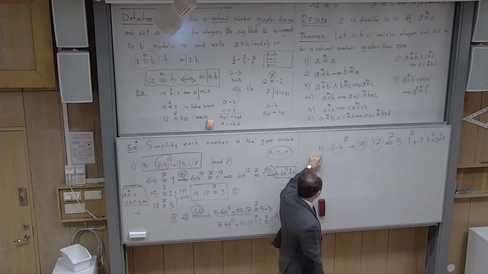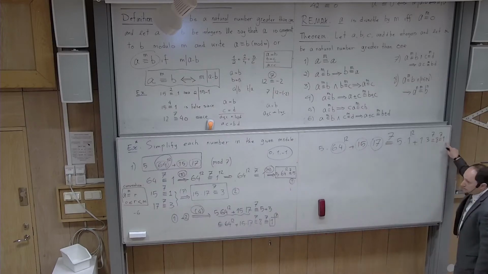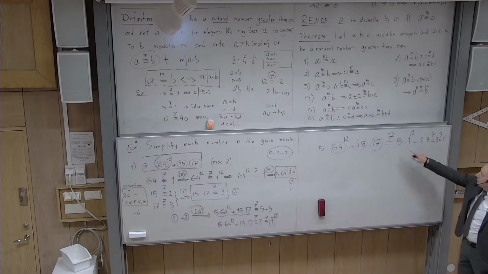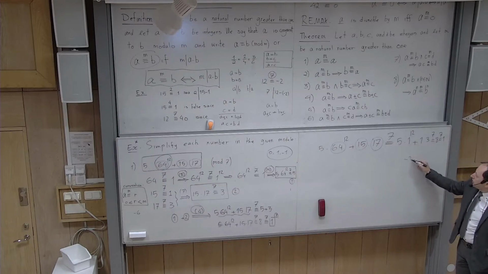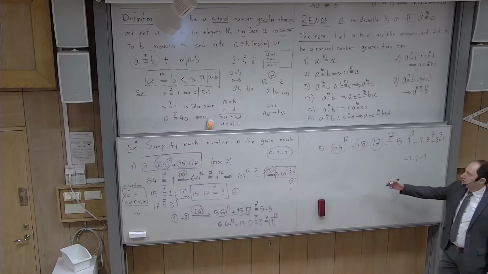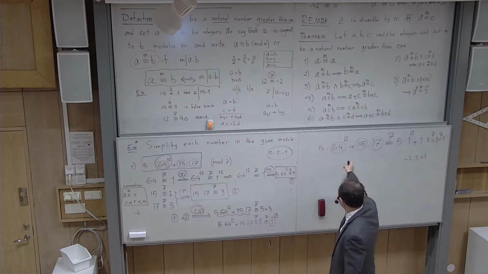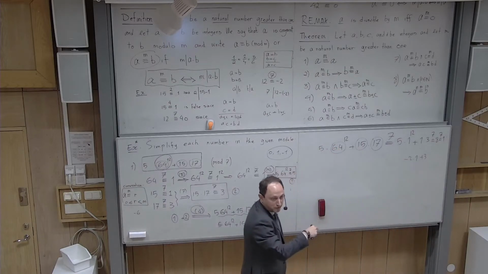Because then it becomes minus 2 times 1 plus 3, and instead of getting 8 and then getting 1, I just directly get 1. That's also possible. But usually, if the number is not that big, I do not change them. But in this case, it is even better if you change 5 to minus 2.